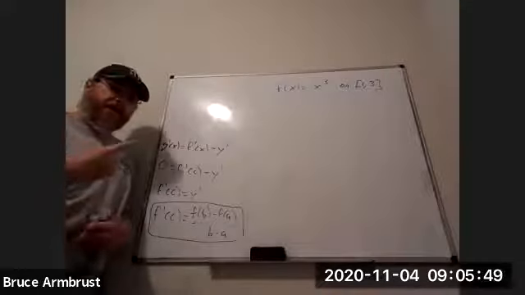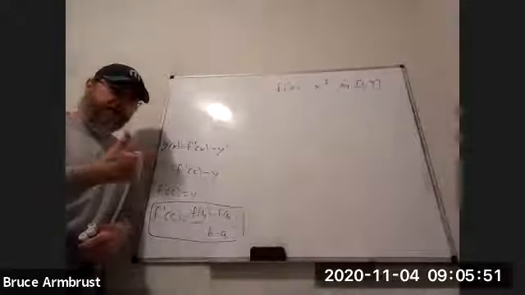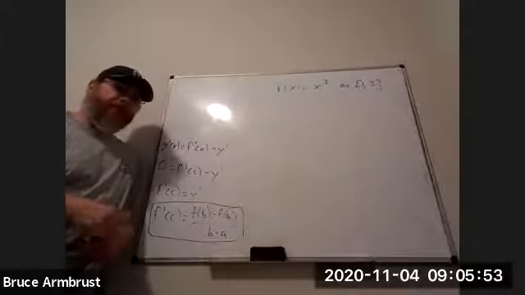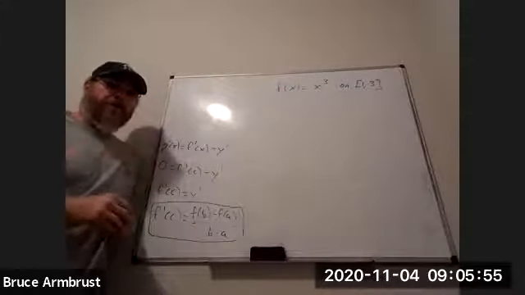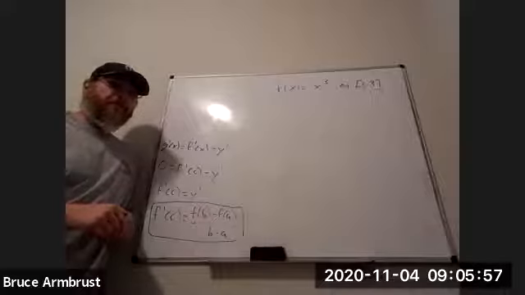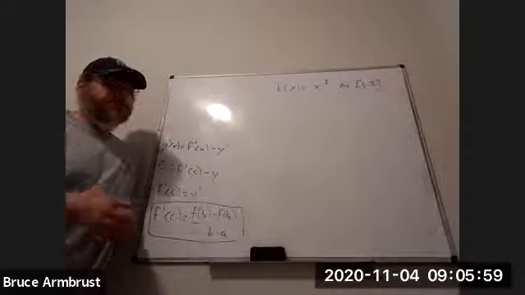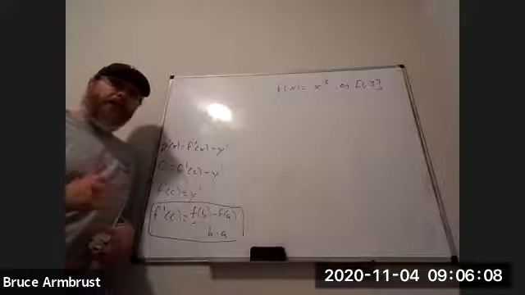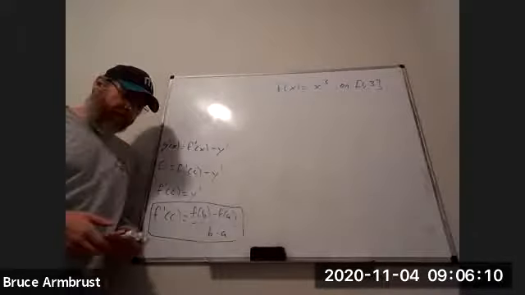Is this function x cubed continuous on that entire interval and differentiable with the possible exception of the endpoints? Yes. And yeah, we're good. It's a polynomial. We know polynomials are always continuous and differentiable. All right, cool. So we know that we can actually apply the mean value theorem.